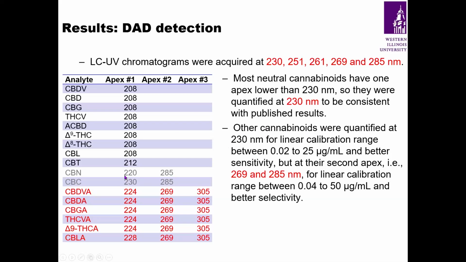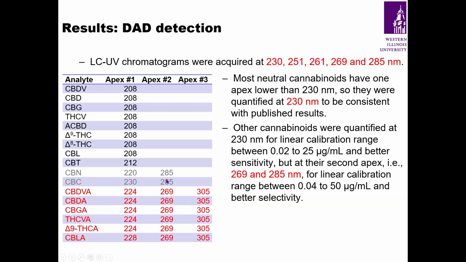Other cannabinoids were quantified at 230 nanometers for linear calibration range between 0.02 to 25 microgram per milliliter and better sensitivity. But at their second apex, 269 to 285 nanometers, for linear calibration range between 0.04 to 50 microgram per milliliter and better selectivity.